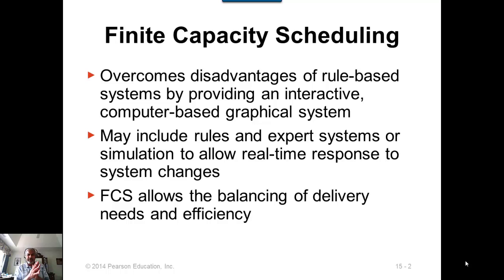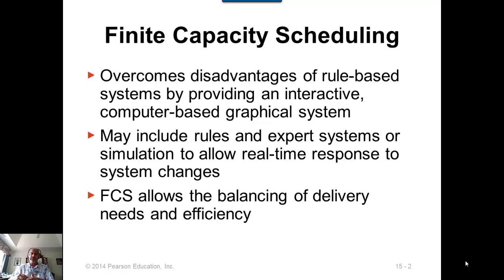So it is a comprehensive computerized system where you can try different combinations of scheduling, or what-if type of analysis, and you will have some expert systems and simulations that you can run in real time to decide which job should be taken up first instead of simply adhering to an EDD rule or an SPT rule.